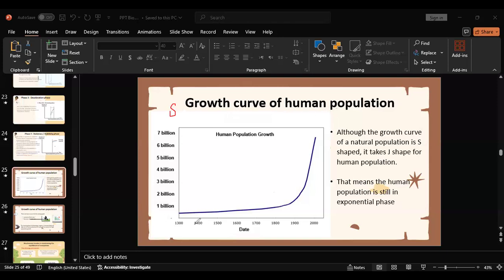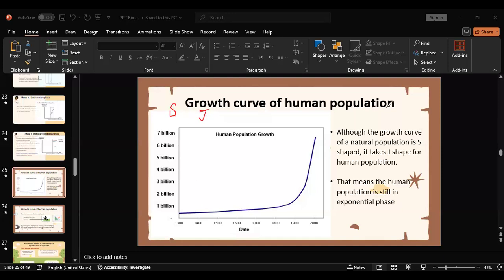When you take the human population, it is like a J shape. This is the one I have put for the human growth curve, that looks like a J shape, right?